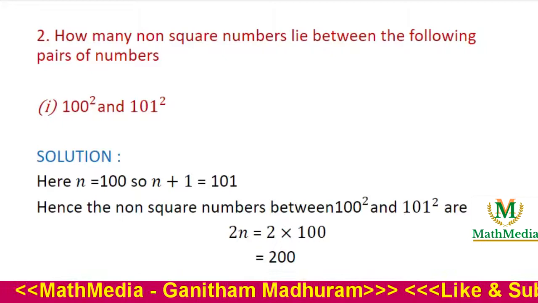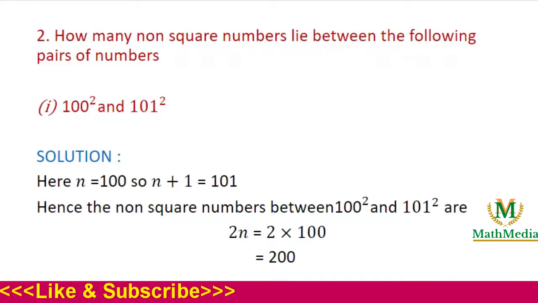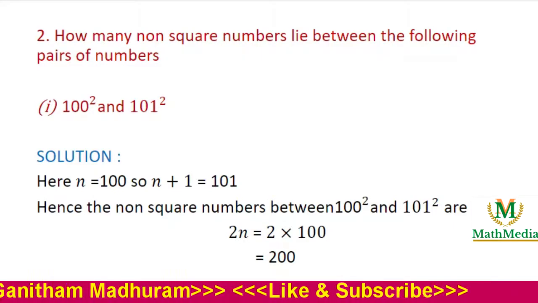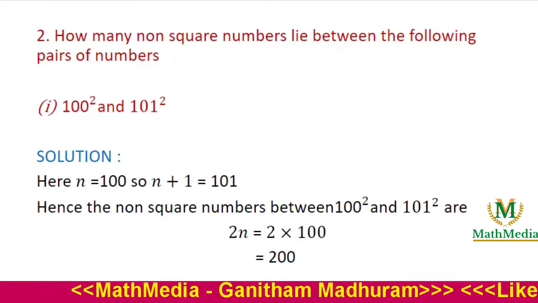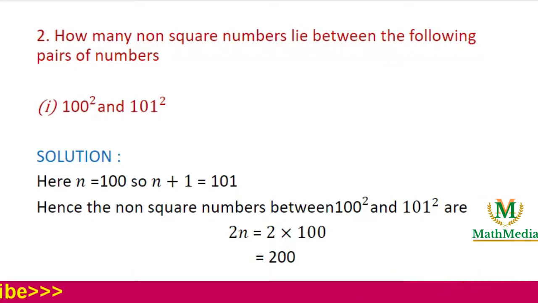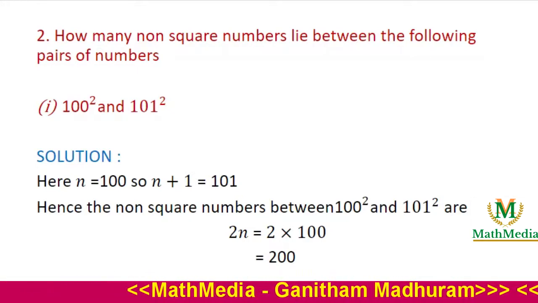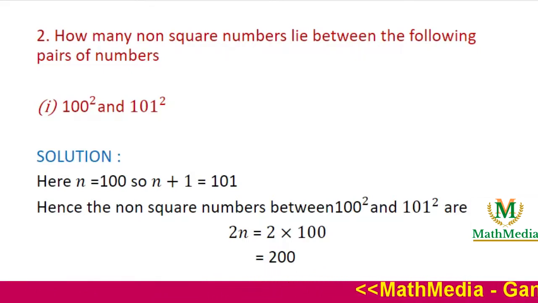Next question: how many non-square numbers lie between the following pairs of numbers? Non-square numbers means it is also natural numbers only. Here between 100 square and 101 square, our n equal to 100, so n plus 1 will be 1 more than 100, that is 101.